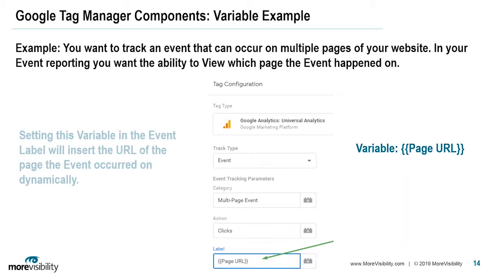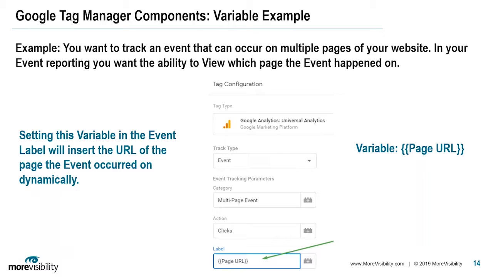What this will do is by setting this variable in the event label, it will insert the URL of the page that the event occurred on dynamically. So instead of creating regular expressions or regex as they're known to pass in an or statement of multiple pages this could be happening on, no matter where this is happening on, this variable will automatically insert the page URL.